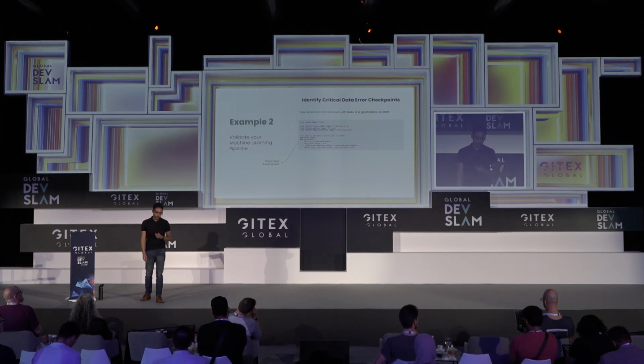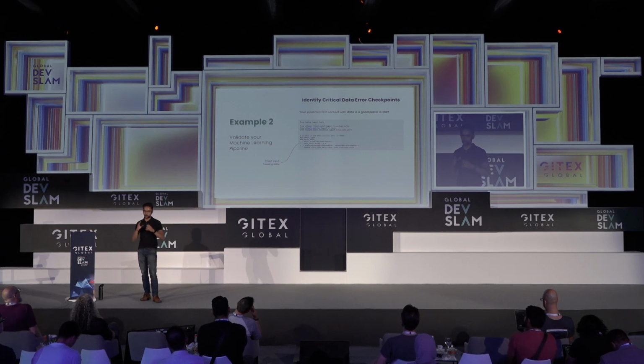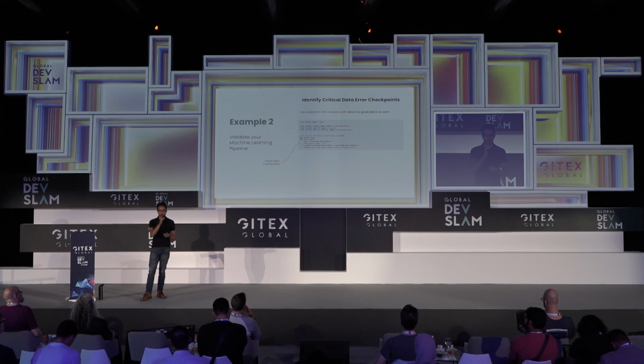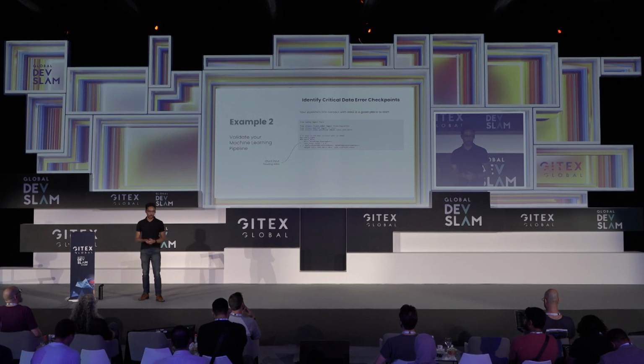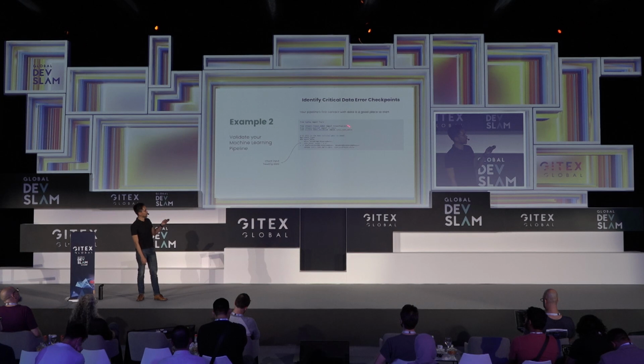So you can identify the critical sources of data error in your pipeline and check those parts. You don't have to check every single node in your execution graph. This is an example of using the exact same schema that we defined in our analysis. We're reusing it here, and we can reuse it in our tests.